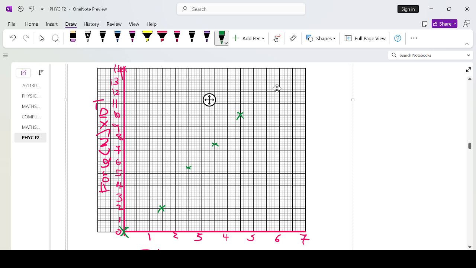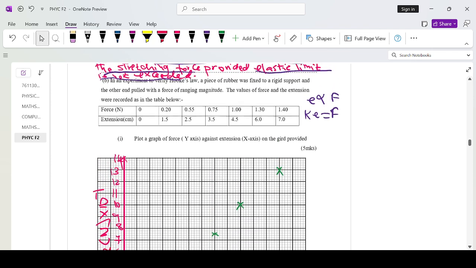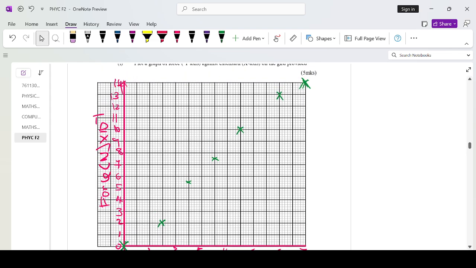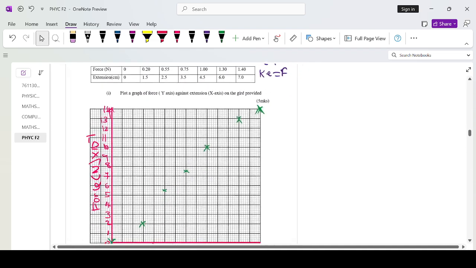You go up to 13 on the y-axis. Then finally 7, 14. 7, 14 at the edge there.